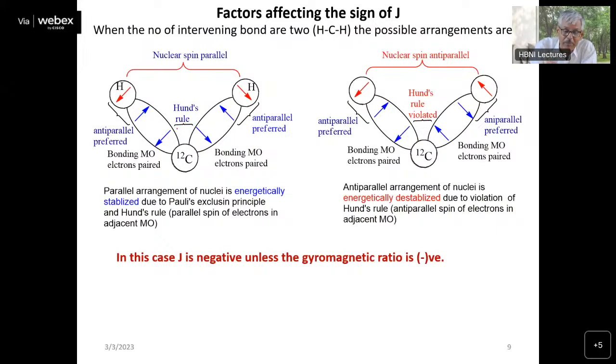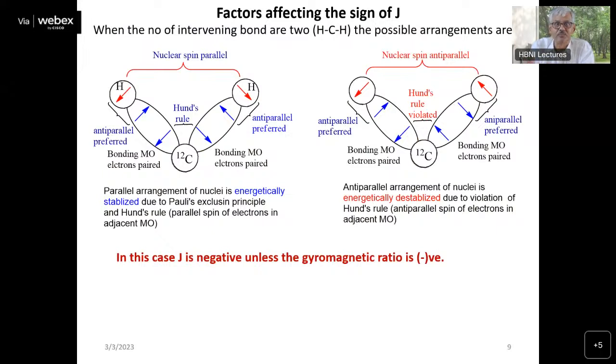So this will be the preferred arrangement of electrons in the two MOs, and automatically each of these nuclei will prefer to be antiparallel to its electron, but then you will see that both the nuclei are parallel. So for a two bond case, you will see the configuration with two parallel nuclei has lower energy compared to the two nuclei being anti-parallel.